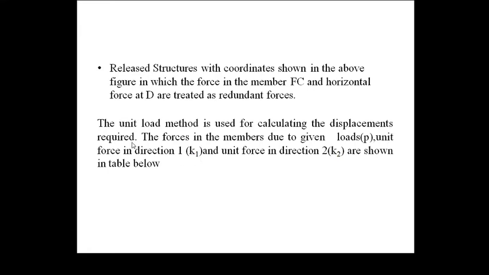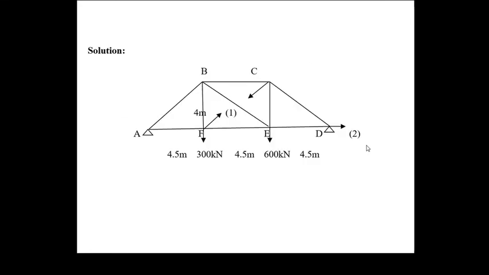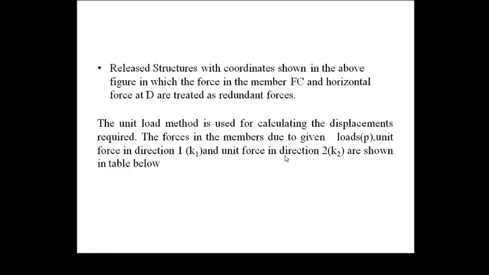That is, delta will be calculated by the unit load method. The forces in the members due to the given load, that is P. What are the given loads? These are 300 kilonewtons and 600 kilonewtons given here. Then the unit force in direction 1, that is K1, and the unit force in direction 2, that is K2, are shown in the table below.